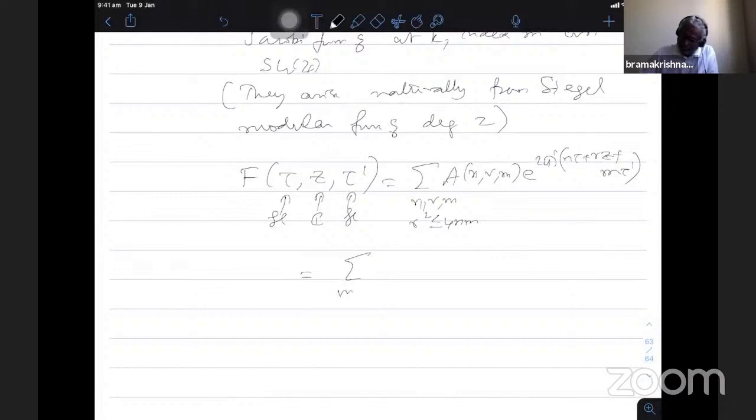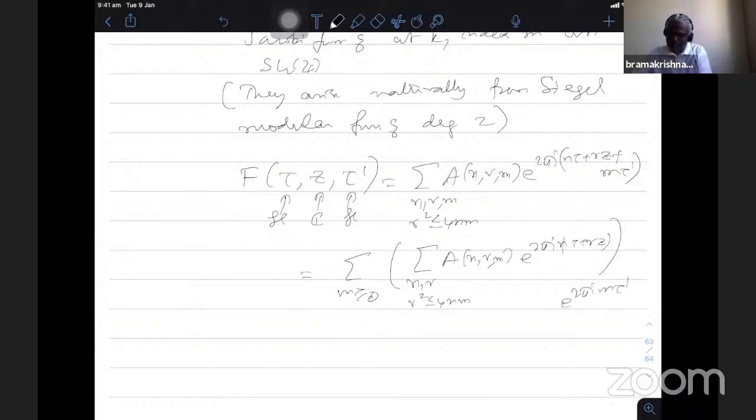If I rewrite this Fourier expansion, summation over n, r with r squared less than or equal to 4nm, of a(n, r, m) e to the power 2 pi i (n tau plus r z), we keep that inside, and then e to the power 2 pi i m tau prime. If I consider this as the expansion with respect to the tau prime variable, the coefficients are nothing but two variable functions.